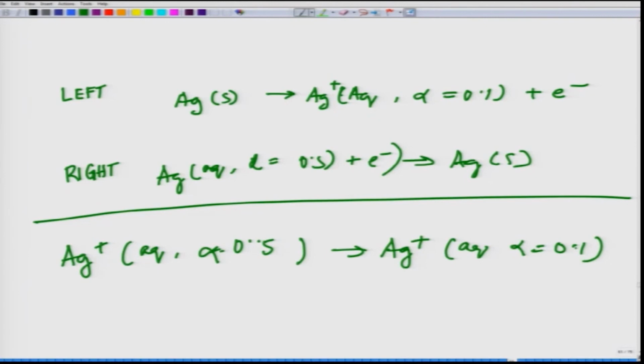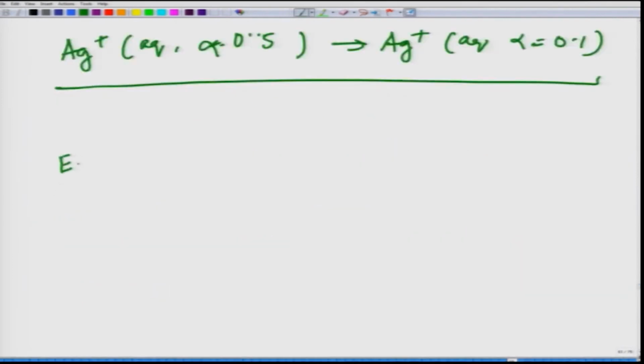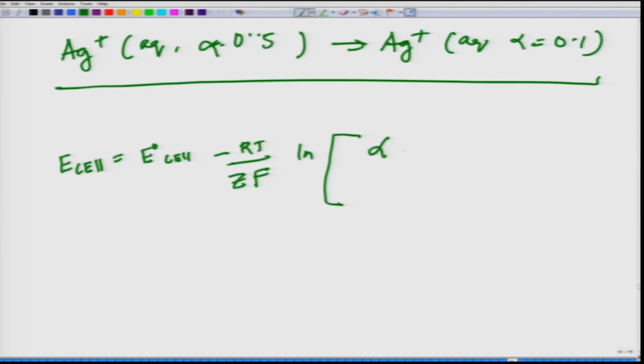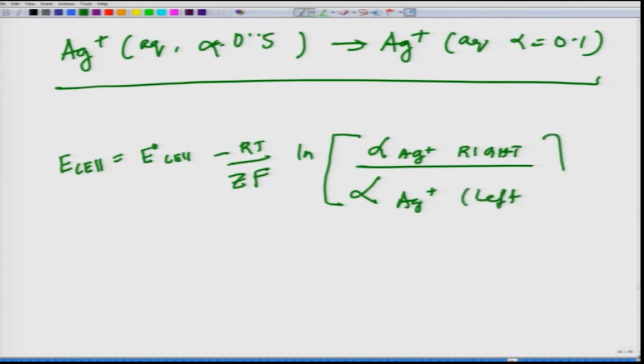If you put the Nernst equation in place, E cell equals E standard reduction potential minus RT over ZF times the log of Ag plus on the right divided by Ag plus on the left.